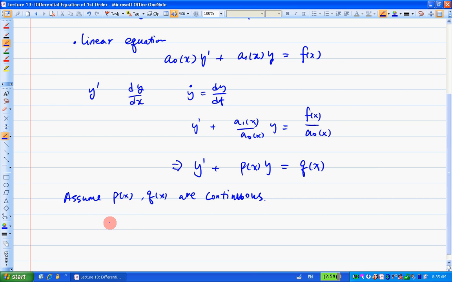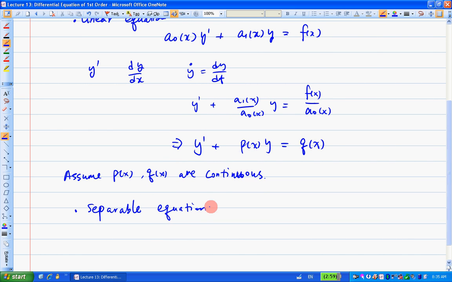The other thing we're going to learn in the next lecture is the so-called separable equation. The separable equation will be very similar to this one, but with a slightly different format.